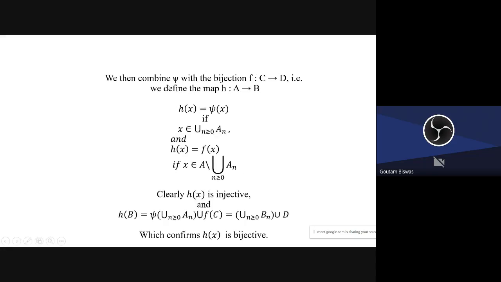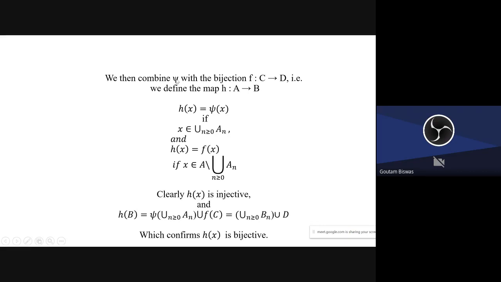Now, if we combine psi with this bijection F, that is, we define a map H, Hx is equal to psi x if x belongs to this union, and Hx is equal to Fx if x belongs to A minus the union An, this set. So we combine psi with this bijection.